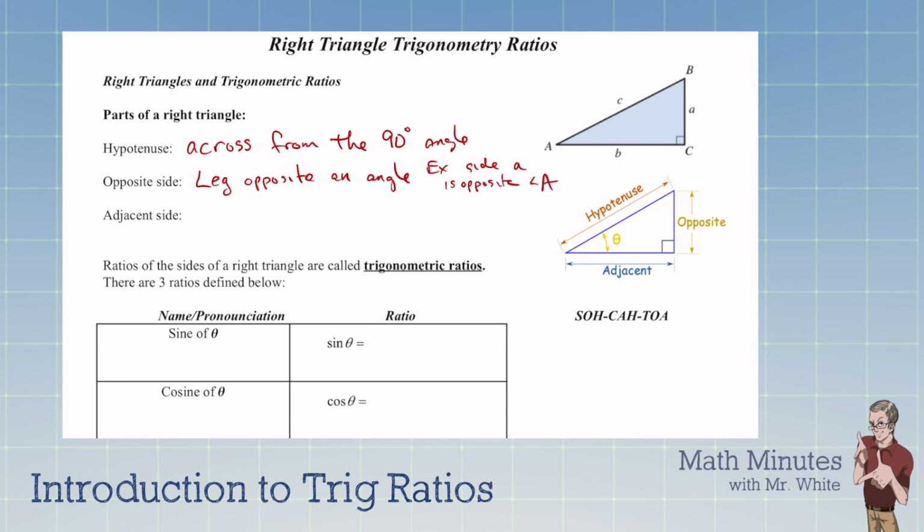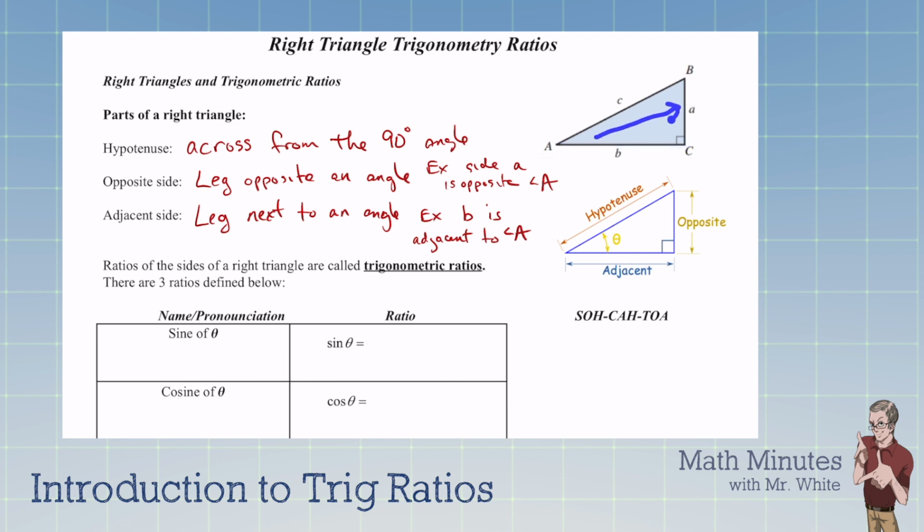So the adjacent side, what does the word adjacent mean? It means right next to. So the adjacent side is the leg next to an angle. So let me give you an example there. Example, B is adjacent to angle A. See, here's angle A, and side B is right next to it.